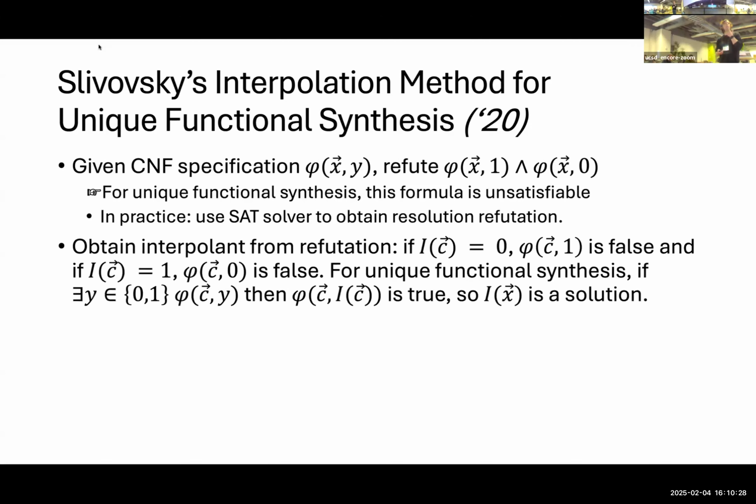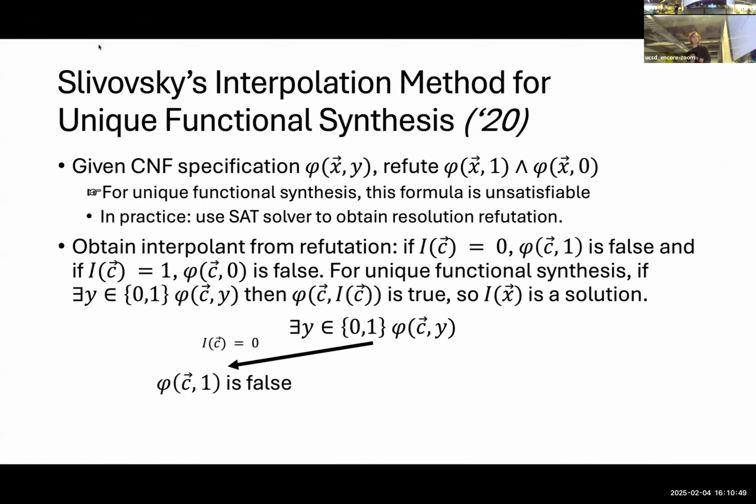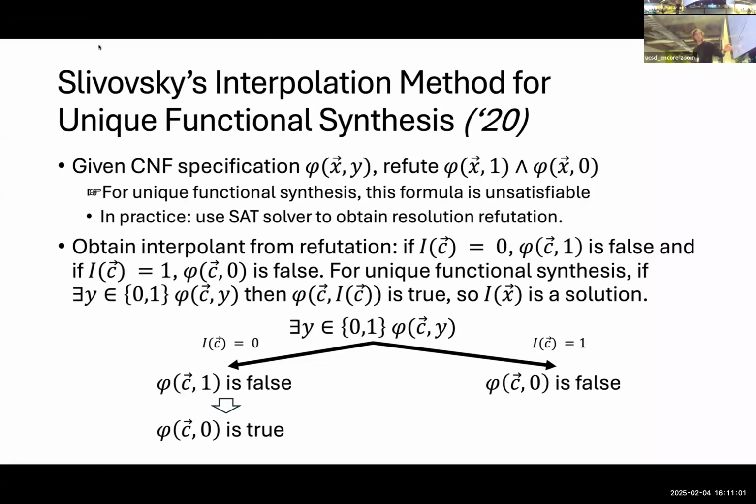Okay, and now this interpolant function. If the interpolant function says 0, the first formula is false, and if it says 1, the second formula is false. Okay, and now if I told you that this existentially quantified formula is true, then when my function says 0 and setting it to 1 is false, that means that because the other setting was true, the interpolant function gives me a correct binding.